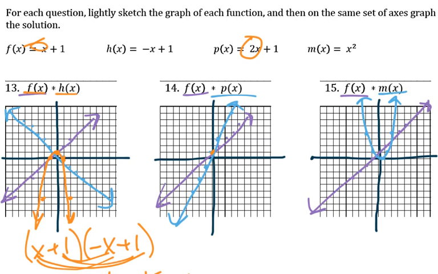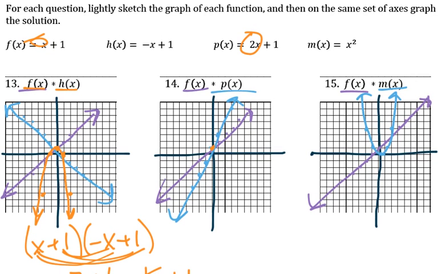1 times 1 would give us 1. 2 times 1, or 3 times 2 would give us 6. So I'm taking those y values. 0 times negative 1 would be 0.